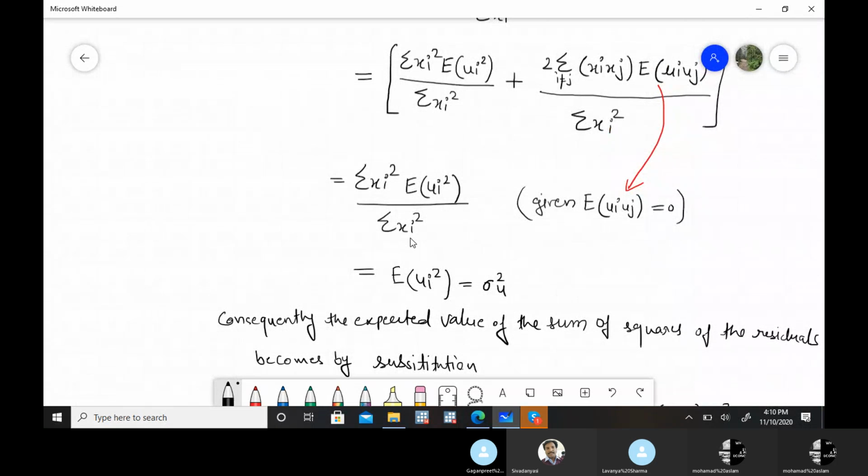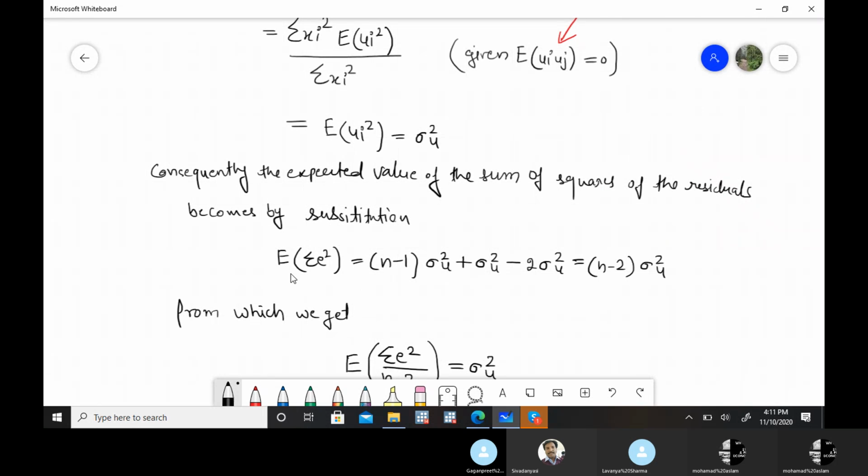So here we will remain with the summation xi square plus summation xi square and its expected value u square. This is equivalent to the variance. This will cancel out. So now if we put all these three values in the equation, so expected of this ei square, that is the sample residual, or I can say summation of ui hat square, is equal to all these three values minus 2, because this third part is with the minus 2.